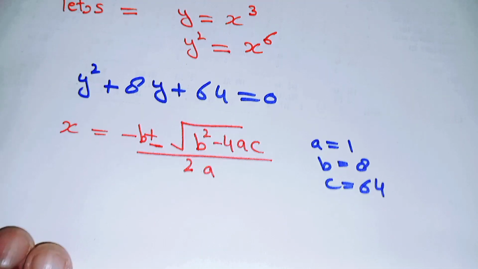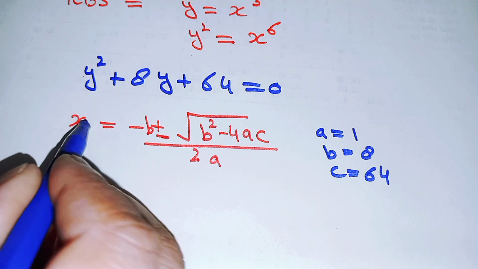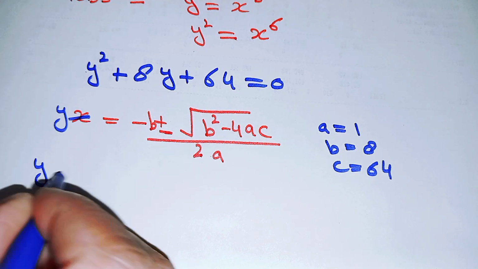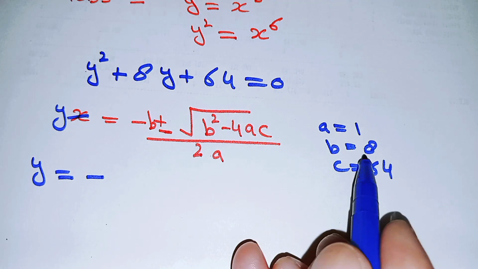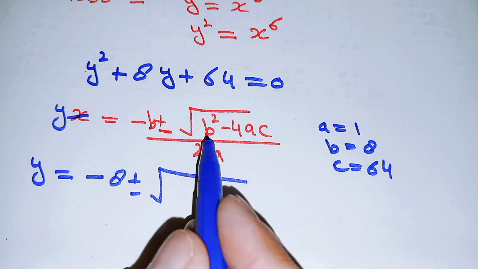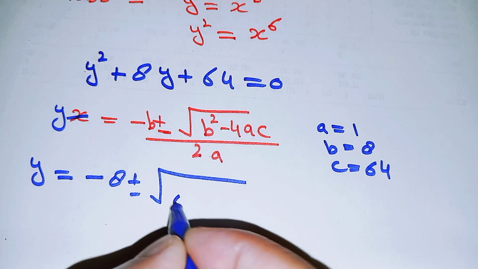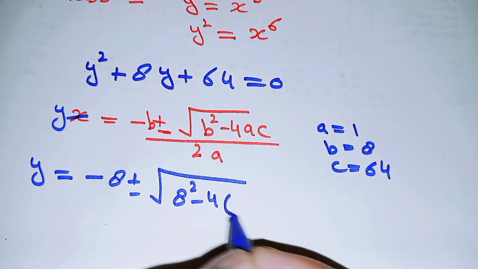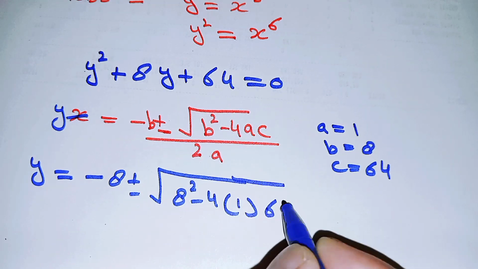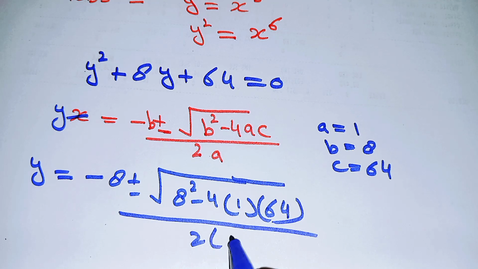And now we substitute these values, so y is equal to minus b, the value is 8, plus minus square root of b square, which is 8 square, minus 4, a is 1 and c is 64, then over 2 times a, which is 1.